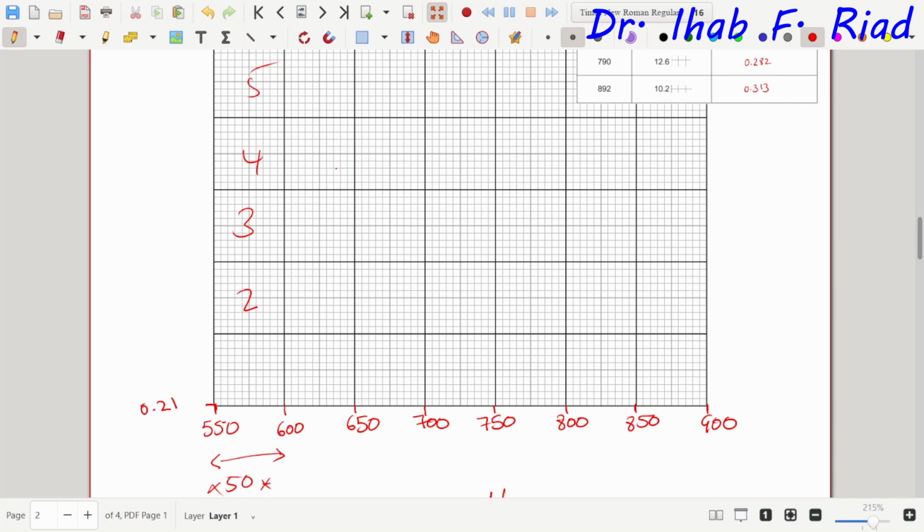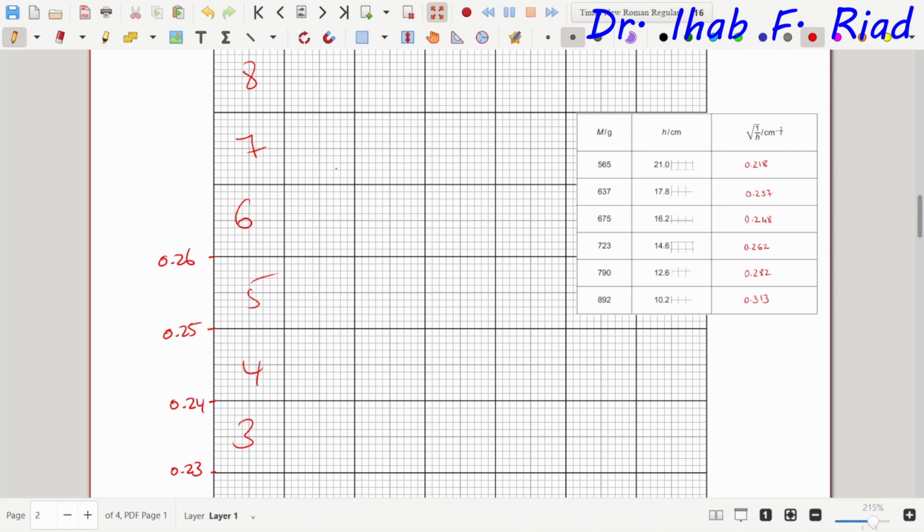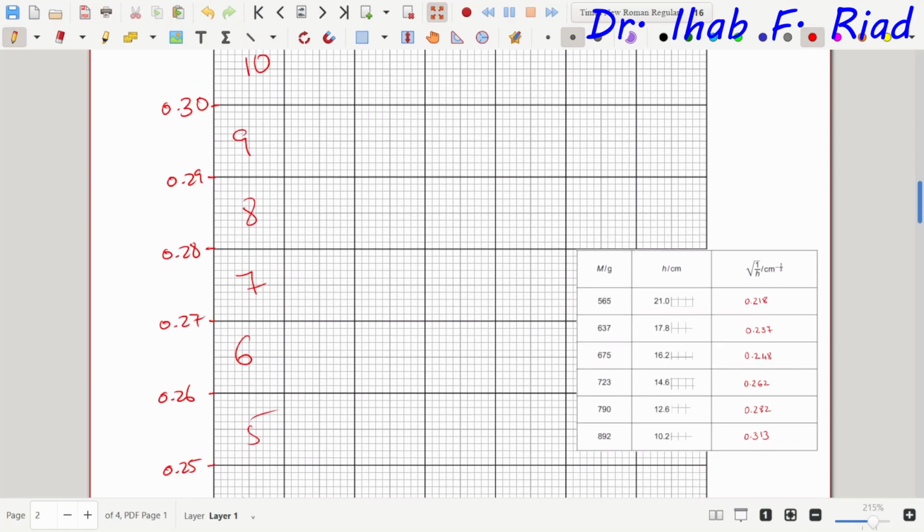And if we have a scale of 0.01, then the next one on the y-axis is going to be 0.22, 0.23, 0.24, 0.25, 0.26, 0.27, 0.28, 0.29, 0.30, 0.31, 0.32. So this is our y scale.